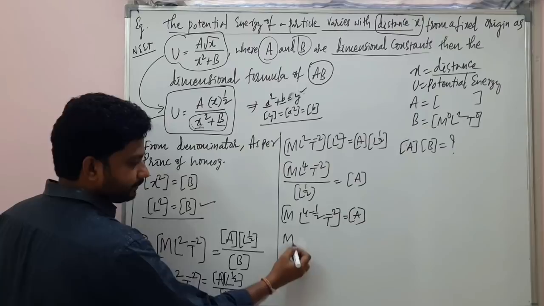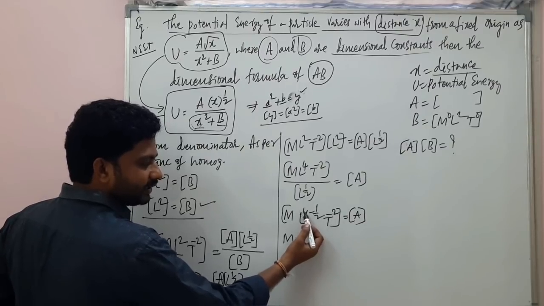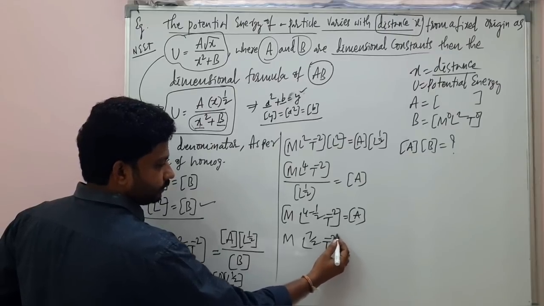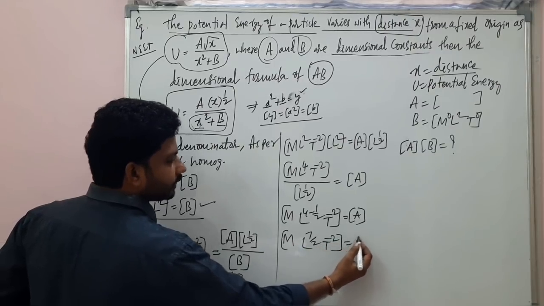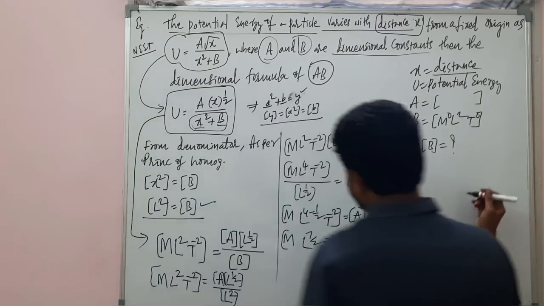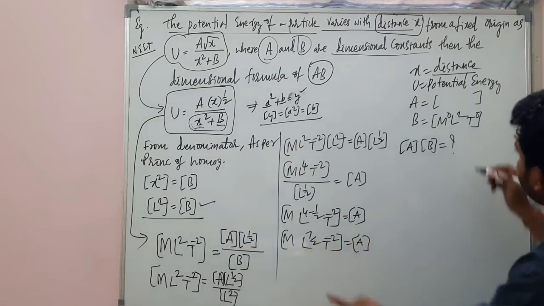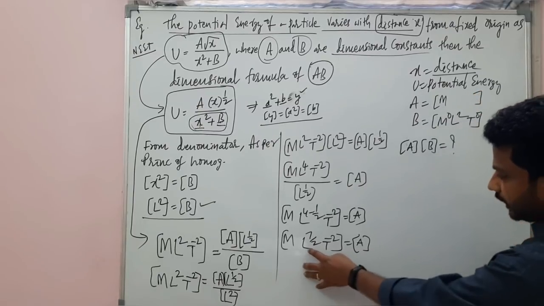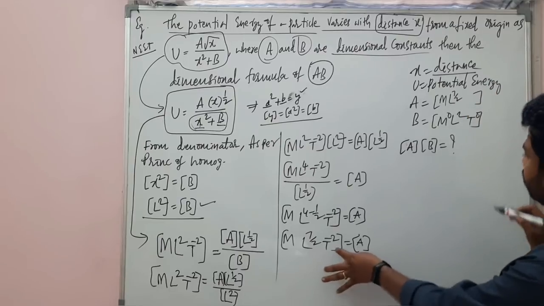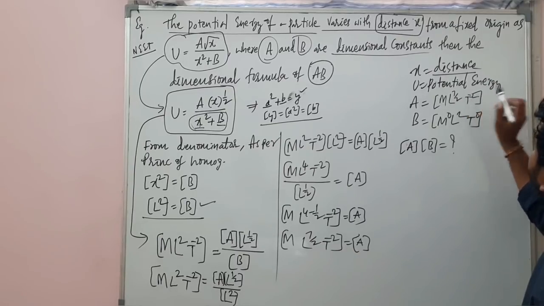Finally, this is M, this is L to the power 4, 2 twos are 8, 8 minus 1, 7, 7 by 2, T minus 2. Alright, tell me the dimensions of A, everyone: M L to the power 7 by 2 T to the power minus 2.